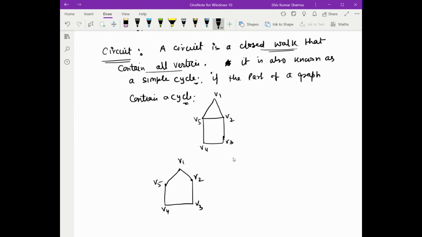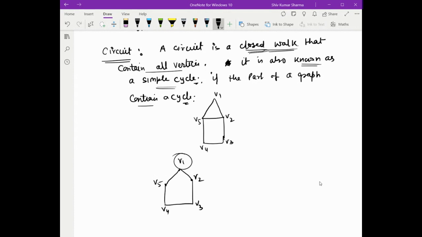That means initial and ending vertex are the same, because this is defined as a closed walk. Closed walk means initial and ending vertex are same, and it contains all the vertices. It is also known as a simple cycle if it contains a part of the cycle.